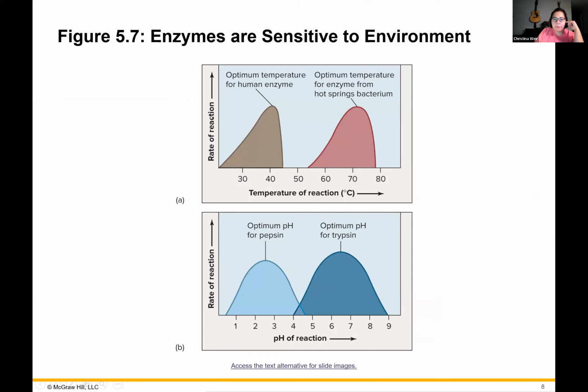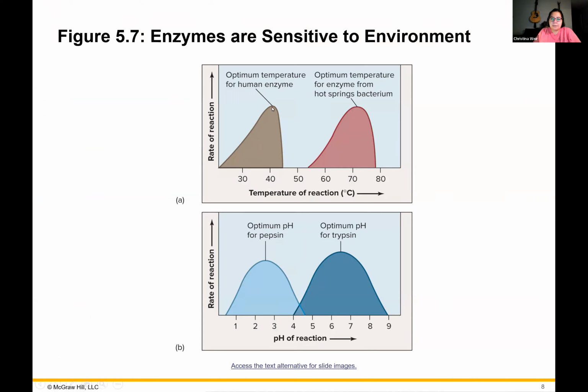That's the same thing as the turnover number. And here's the temperature scale on the bottom. The optimum temperature for this particular enzyme is somewhere around 37 degrees Celsius. That probably doesn't surprise you if you know that 37 degrees Celsius happens to be body temperature. So the enzymes inside of humans, they seem to work best around 37 degrees Celsius.